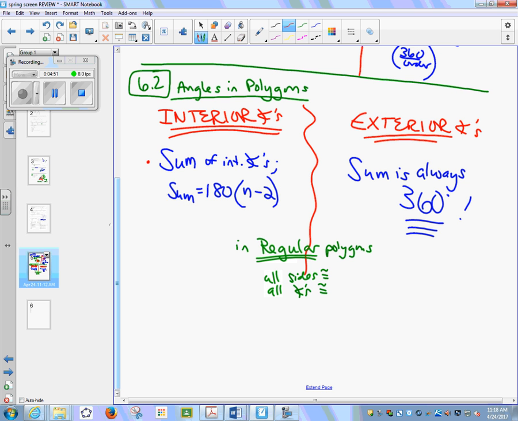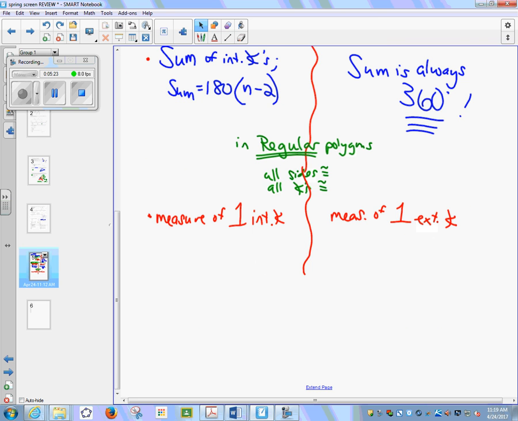They might ask you, instead of the sum, the measure of one interior angle or the measure of one exterior angle. In both cases, finding the measure of one of the angles is going to require you to divide by the number of sides. If you have interior angles, you take the sum and divide by the number of sides.